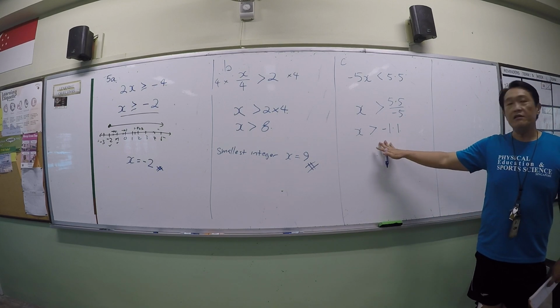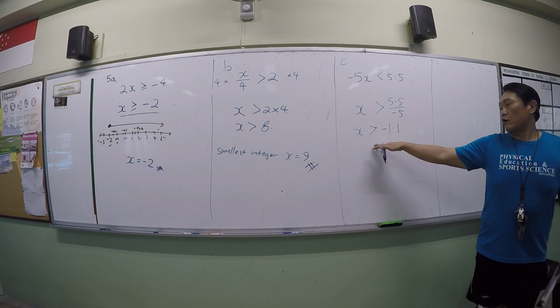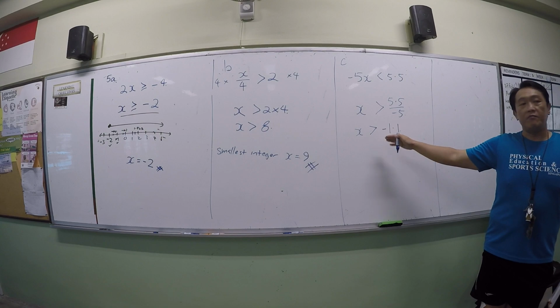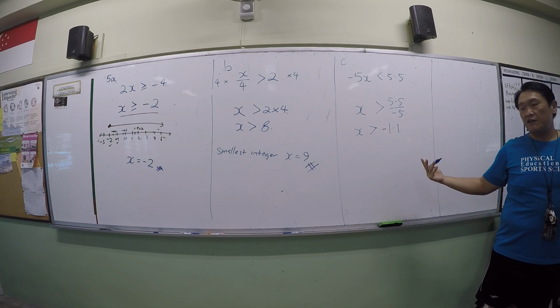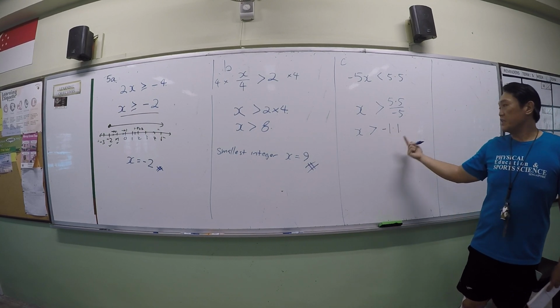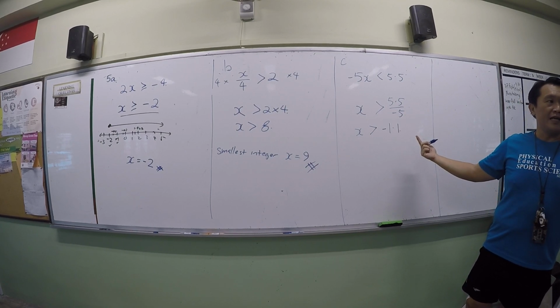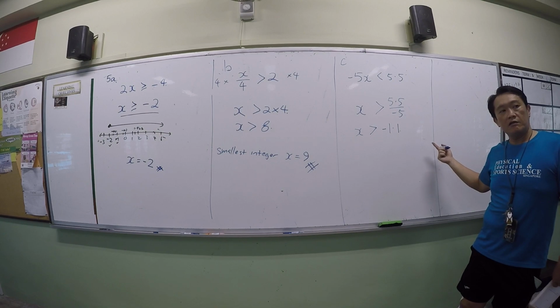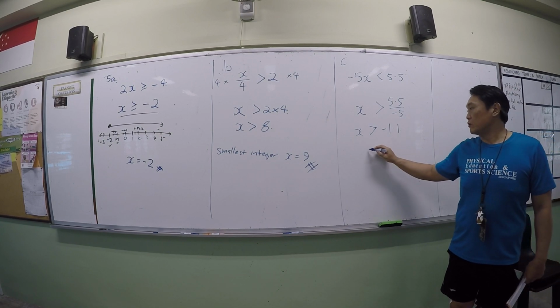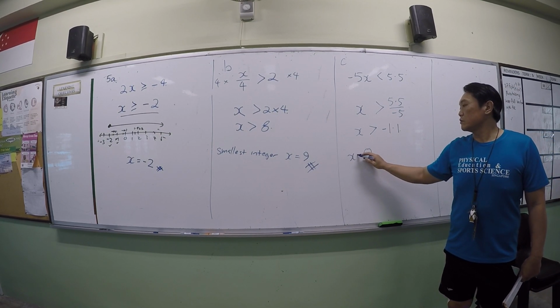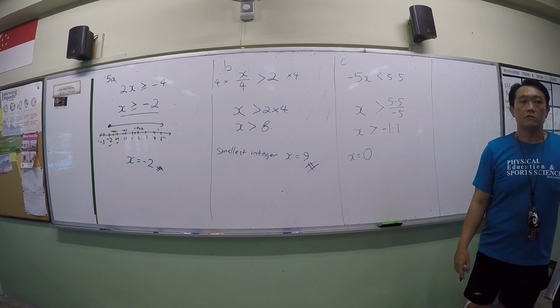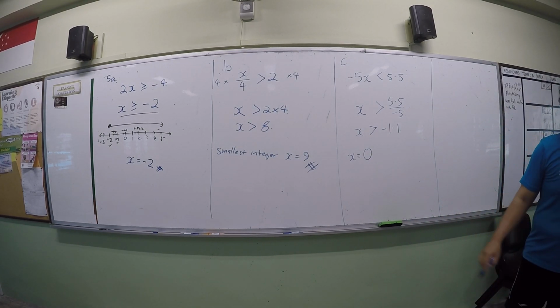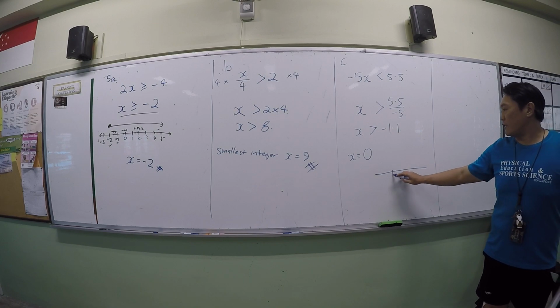It cannot be negative 1. Sorry, it cannot be negative 1 because it must be larger than negative 1.1. So the next smallest integer, negative 1, next one will be 0. Okay, your number line is like that one.